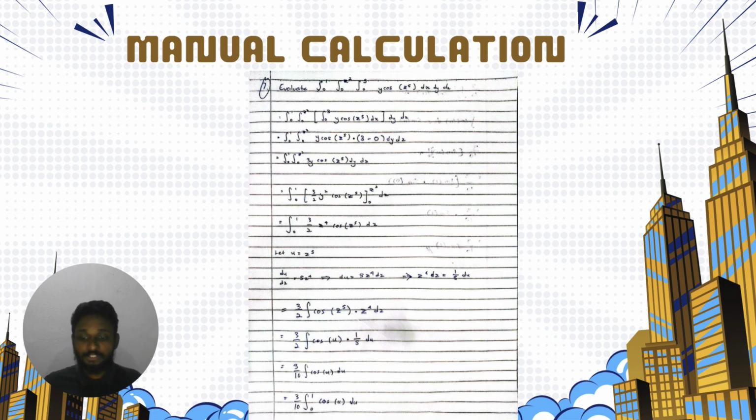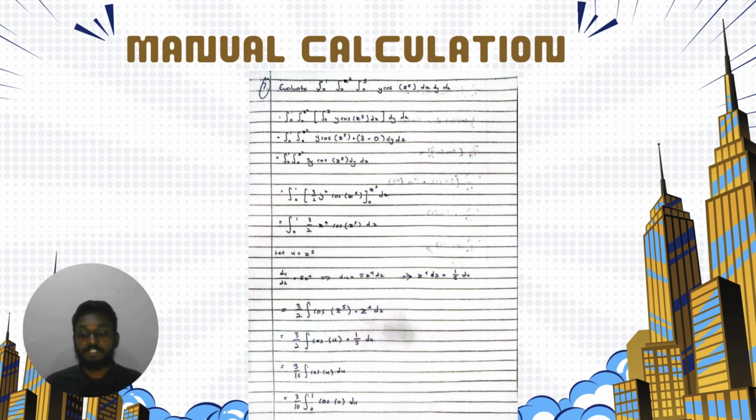To solve this, we must use substitution. Let u equal z to the power of 5, so du over dz equals 5 z to the power of 4, and z to the power of 4 dz equals 1 over 5 du.